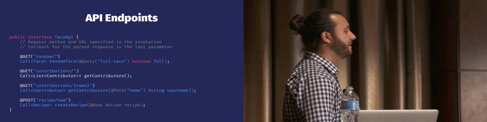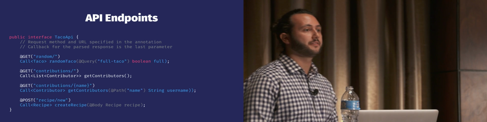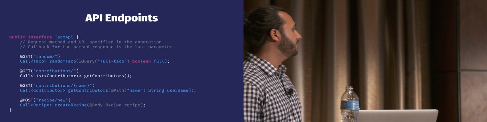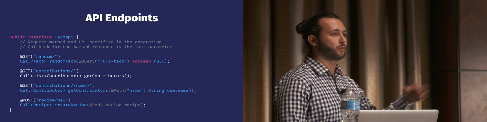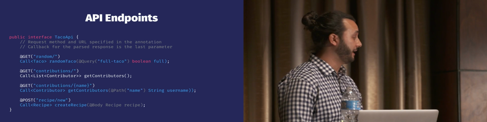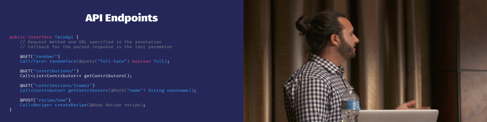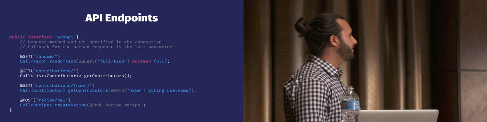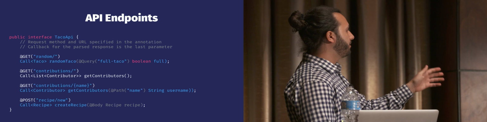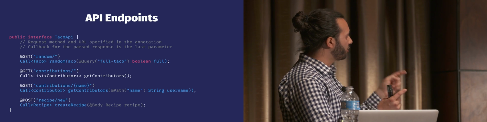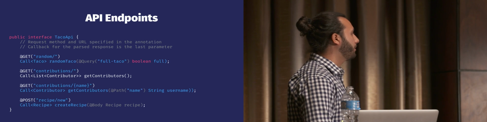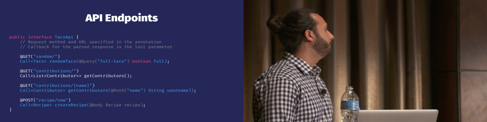In this third API endpoint, we have another argument in our get contributors method, and in this case we're passing in a path, a URL path. So what get contributors does is you pass in a contributor's name, and it tells you all the recipes that contributor has made. So obviously you need to pass the name into the path. You'd annotate it with Path, give it the string username, and that part of the URL in curly braces would get replaced with the argument that you passed in.